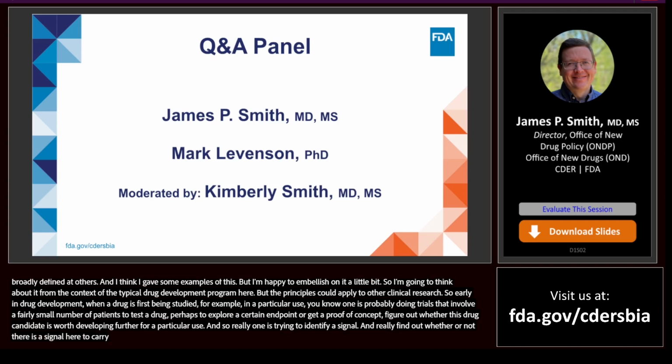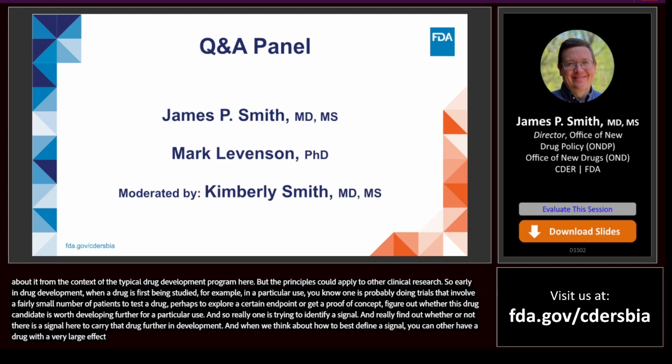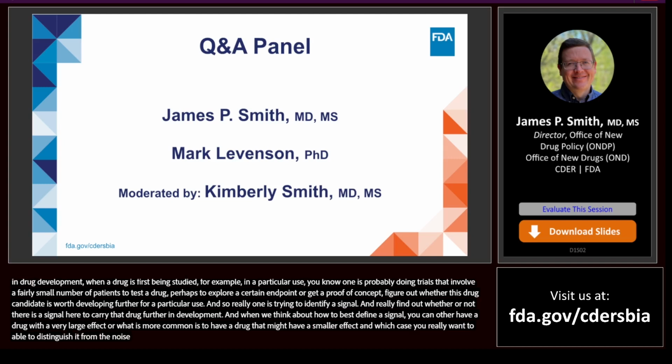And so when we think about how to best define a signal, you can either have a drug with a very large effect, or what's more common is to have a drug that might have a smaller effect, in which case you really want to be able to distinguish it from the noise. And so reducing noise or reducing variability becomes particularly important to help identify a signal.